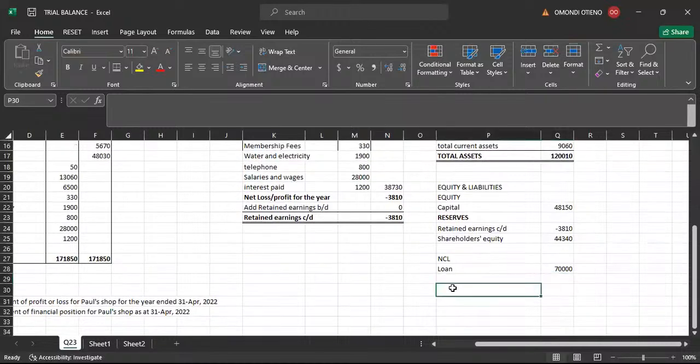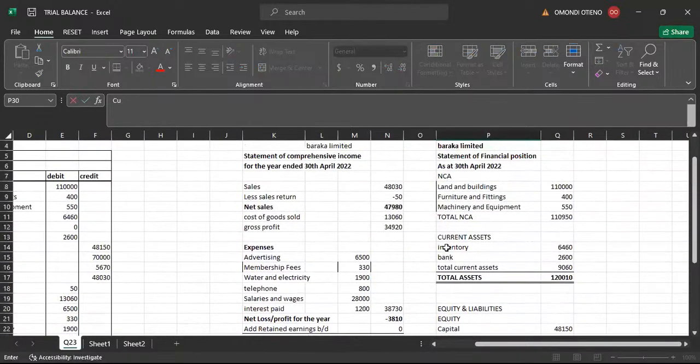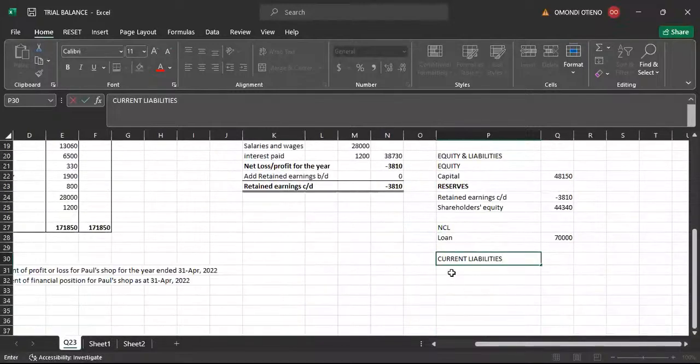That is going to fall under current liability. So under current liabilities, we pick the figure that we are being given by Fozia here, the item there.